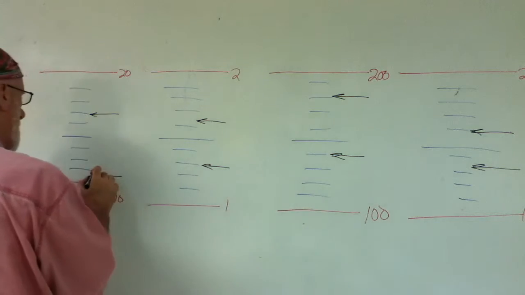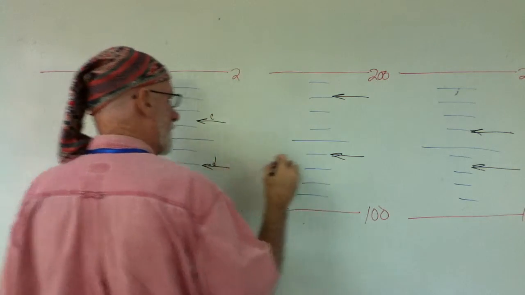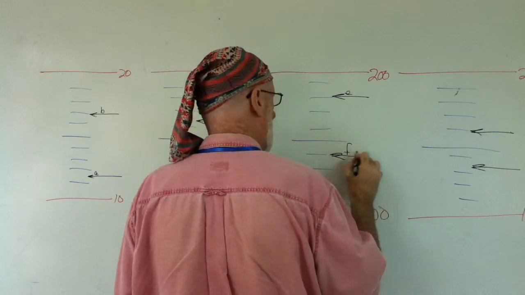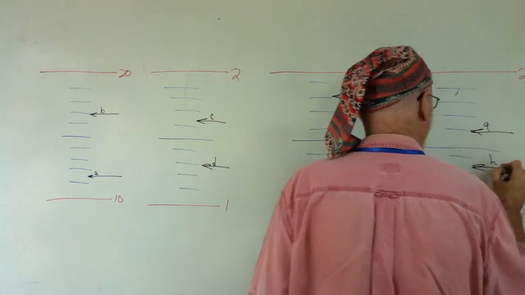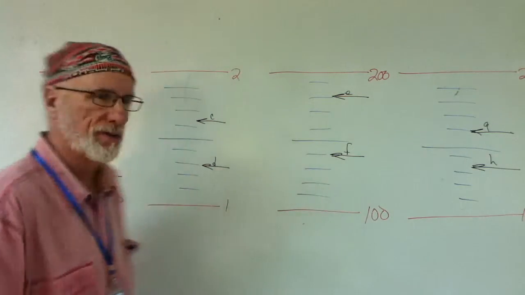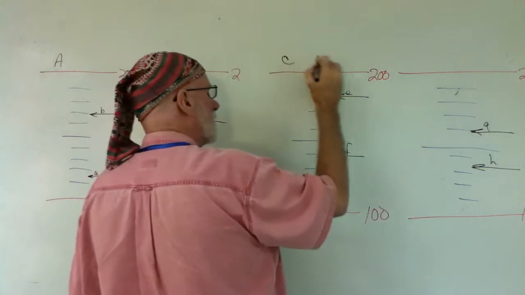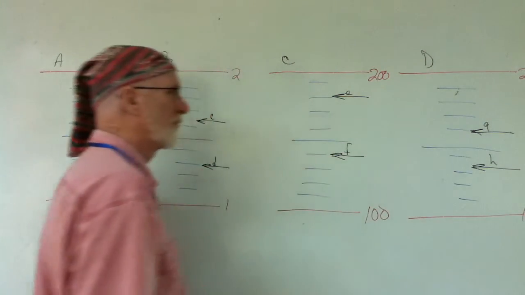We'll say this is A, B, C, D, E, F, G, H. Now, let's first do the precision of each instrument. Okay? This is A, B, C, D.